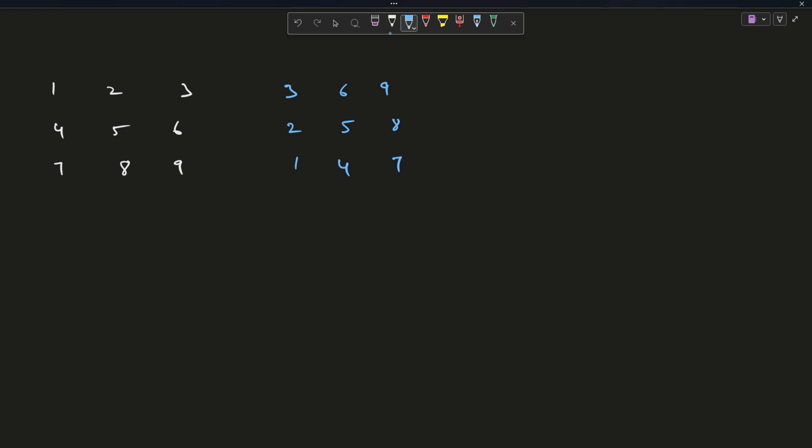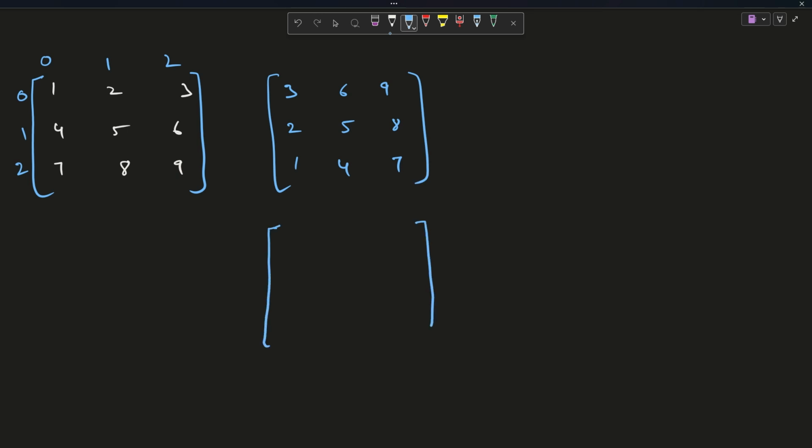Now, if you try to see the coordinates, if I say that this is column number 0, column number 1, column number 2, right? So if I try to represent the answer matrix in terms of the original coordinates, 1 was lying at 0, 0, but it reached here. 2 came here, that is 0, 1 comes here, and 0, 2 comes here, right?